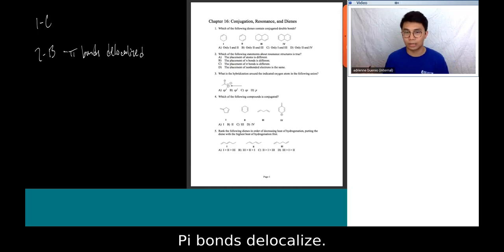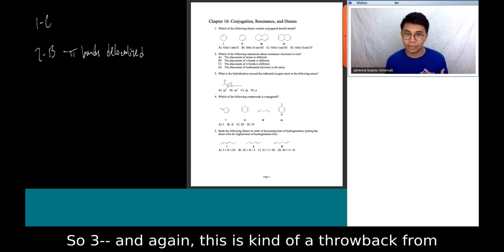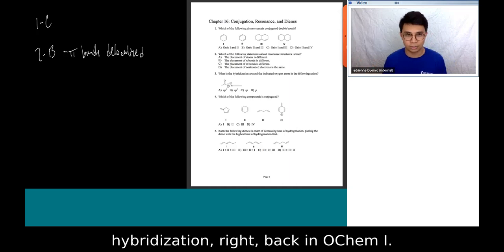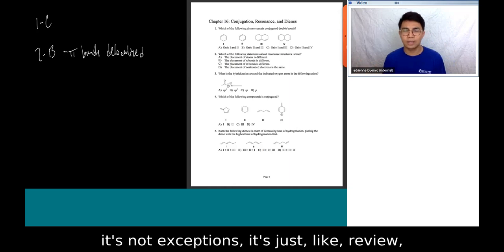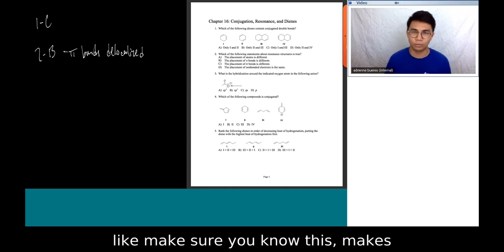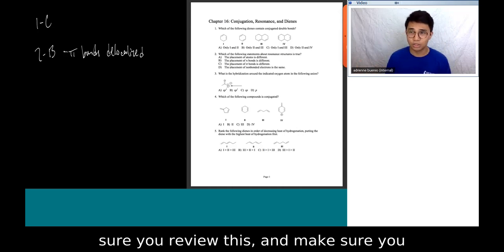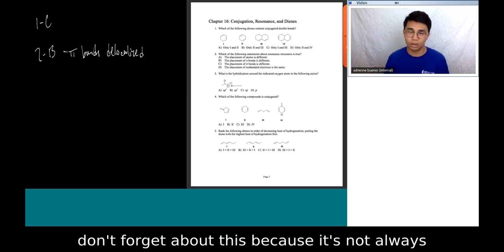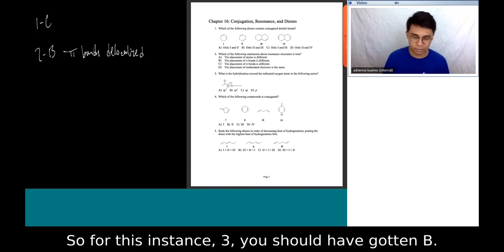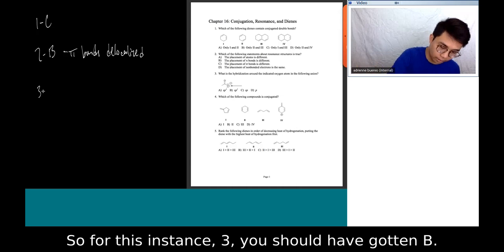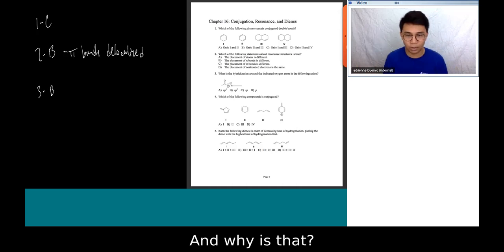Pi bonds delocalize. So 3, and again, this one's kind of a throwback from hybridization back in OChem 1. They always come back because it's not exceptions, it's just review. Make sure you know this, make sure you review this and don't forget about it, because it's not always going to be common, right? So for this instance, 3, you should have gotten B. And why is that?